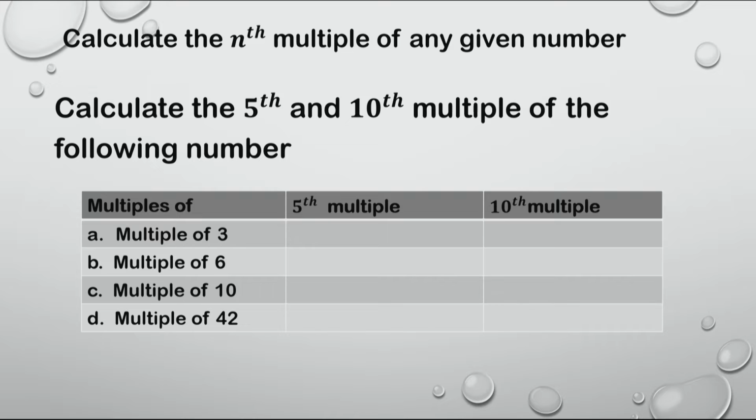For B, you want the 5th multiple of 6 and the 10th multiple of 6. Similarly, we want the 5th multiple of 10 and the 10th multiple of 10. And finally, a bit more challenging, the 5th multiple of 42 and the 10th multiple of 42.